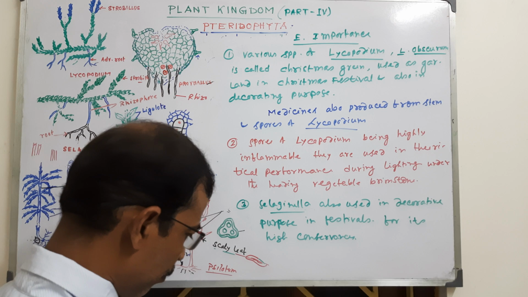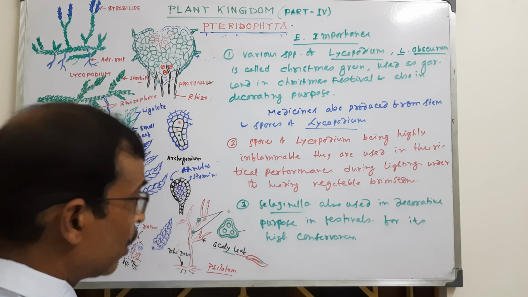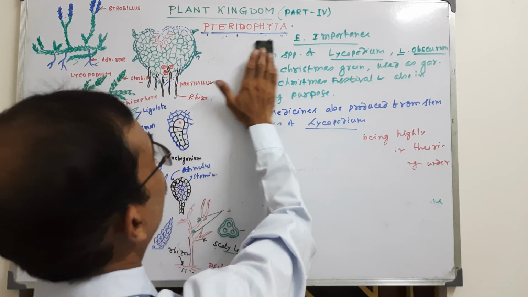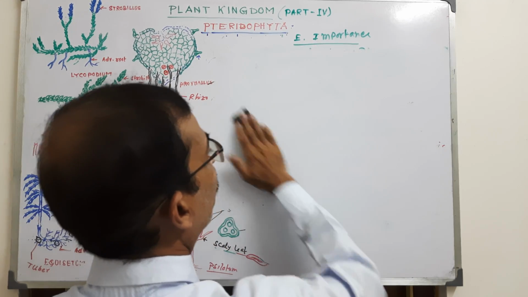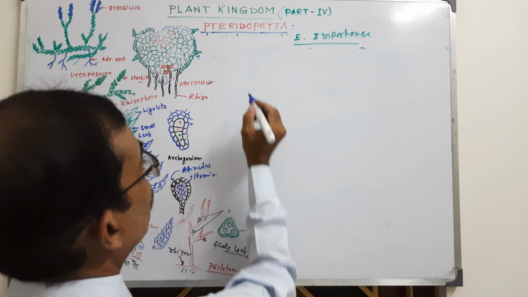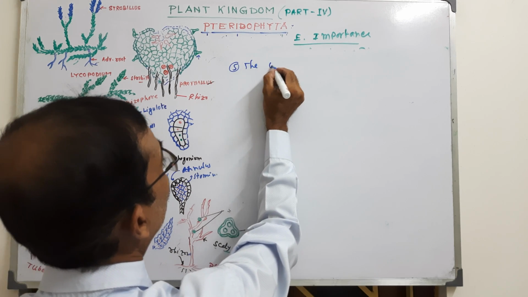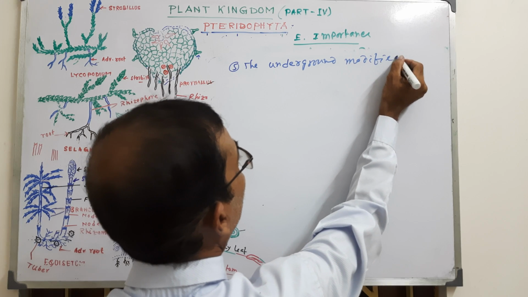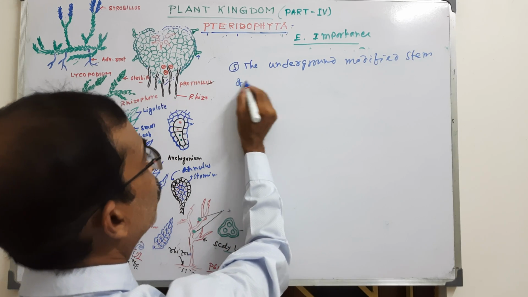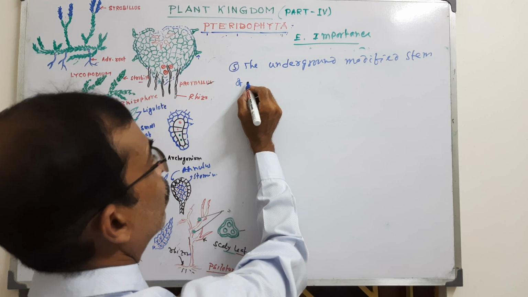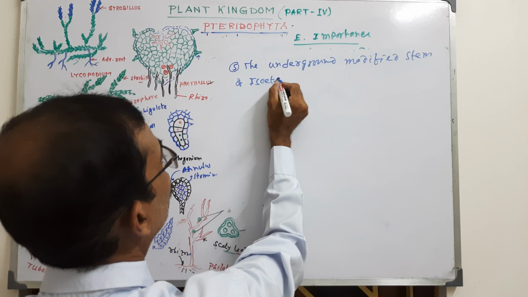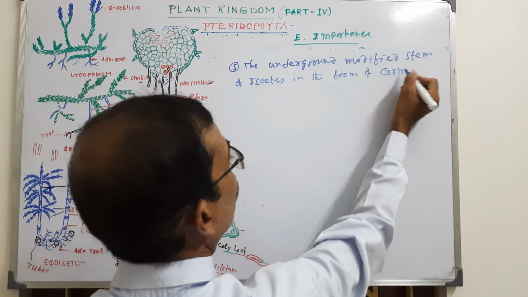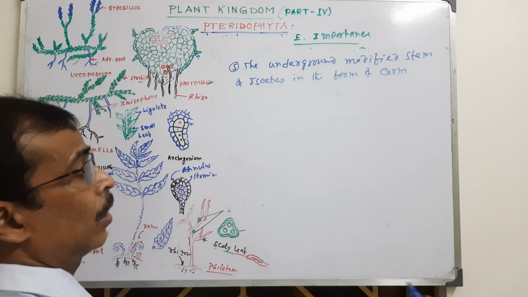Number five, the underground modified stem of Isoetes, that is the corm. The corm, which is also found in Colocasia, Gladiolus, Amorphophallus.